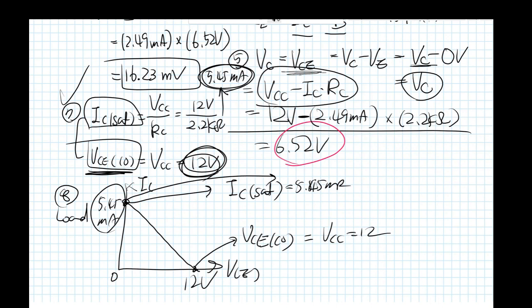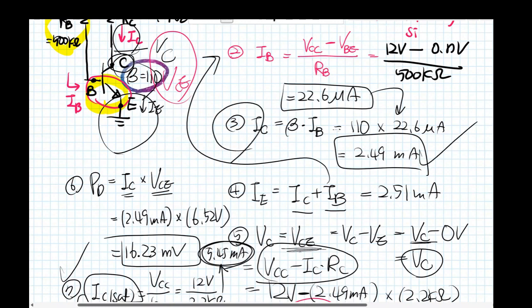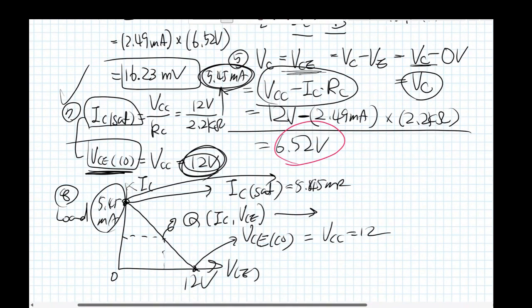So, and then what is the Q point? What is the Q point? The Q point is the I sub C and then V sub CE. So I sub C, go back to question 3. We calculated 2.49 milliamp.